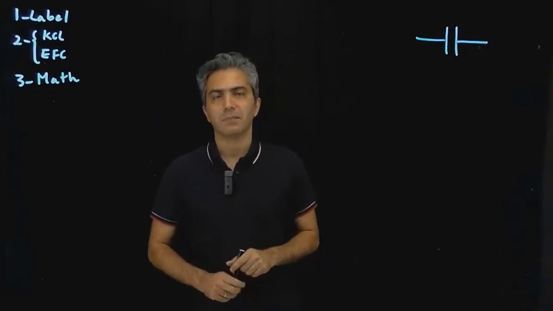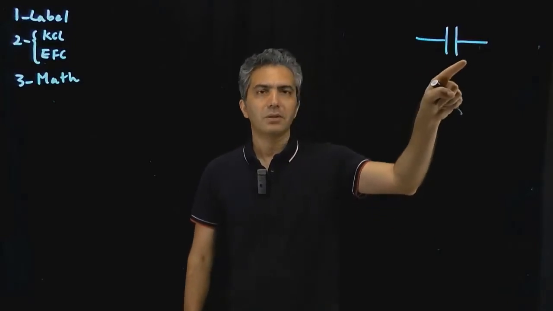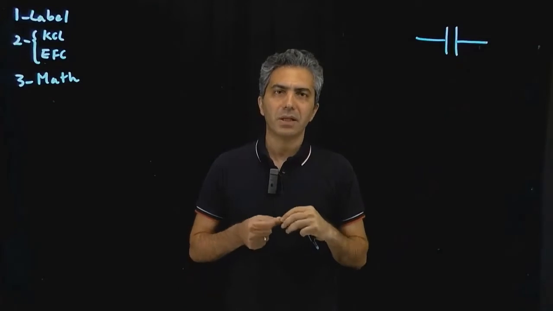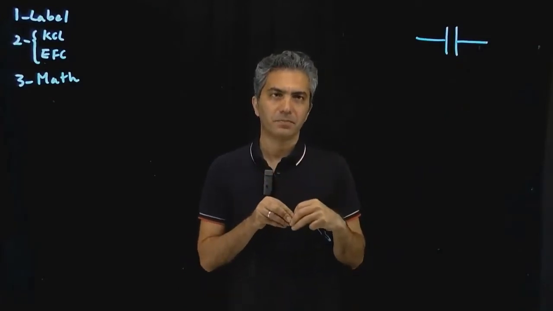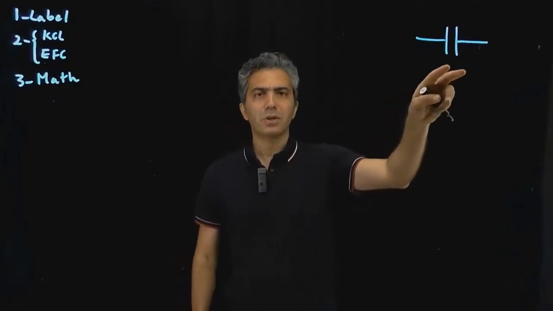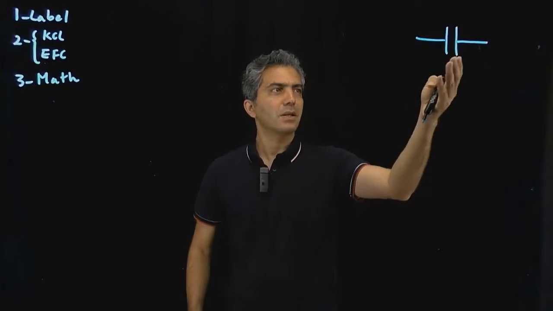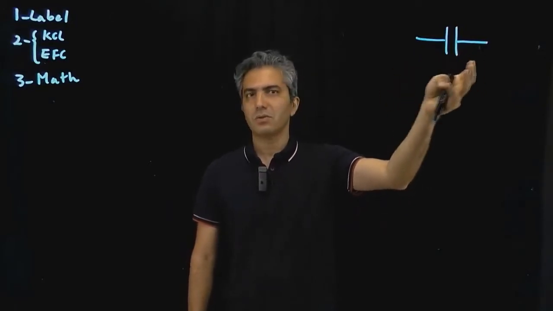So what's a capacitor? The capacitor is basically two conductors that are not electrically connected to each other, and rather they're brought close to each other. Now, bringing them close is not a necessity, meaning that even if you don't bring them close, there's still a capacitance formed as a result of these two conductors.